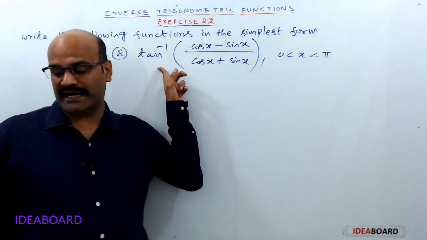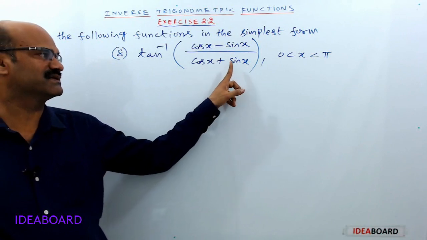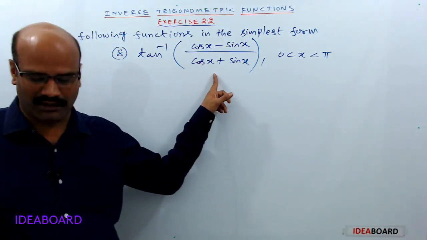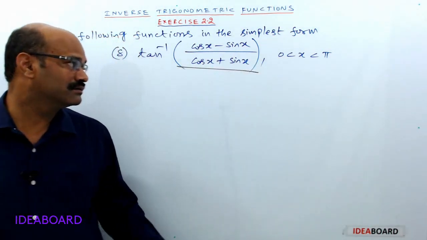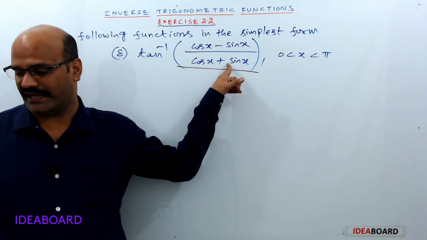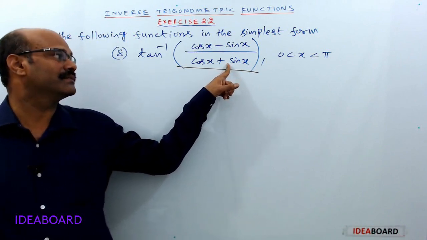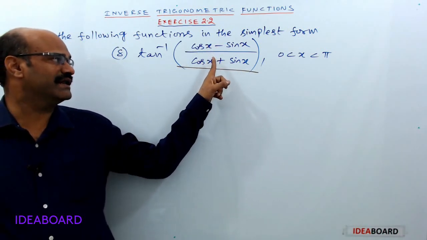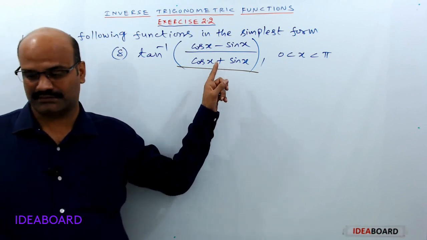Eighth problem. Tan inverse of (cos x minus sin x) upon (cos x plus sin x). Whenever we have tan inverse of, this whole thing should be expressed in terms of tan. To get it in terms of the tan function, we have to divide numerator and denominator by cos x.